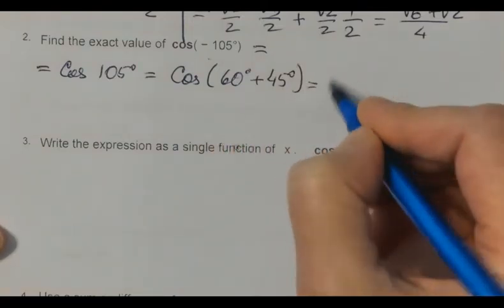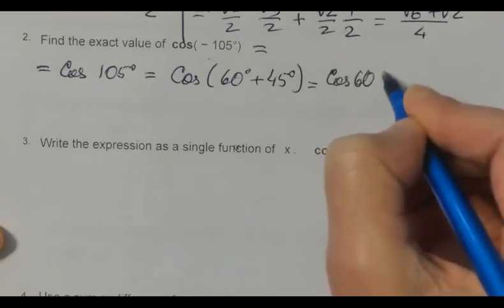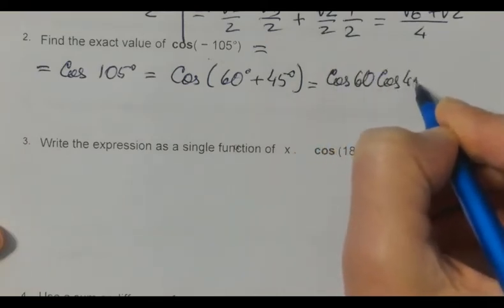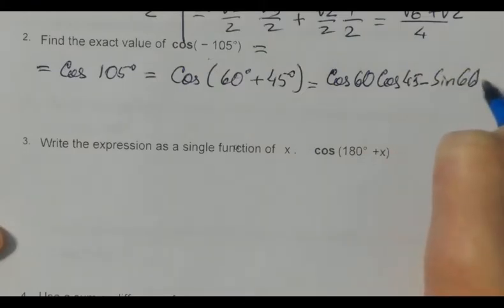Cosine of a sum is the product of cosines, cosine of 60 times cosine of 45, minus sine of 60 sine of 45.